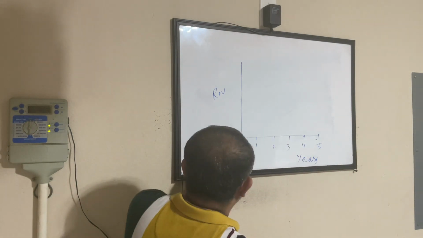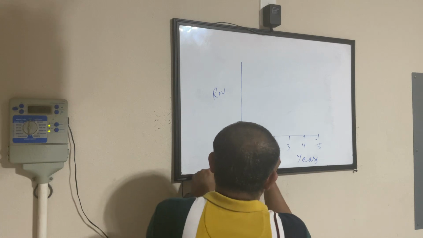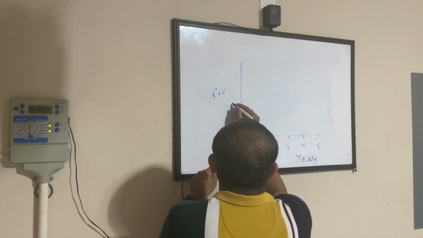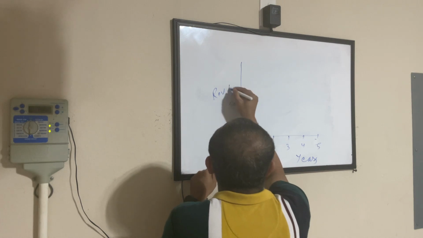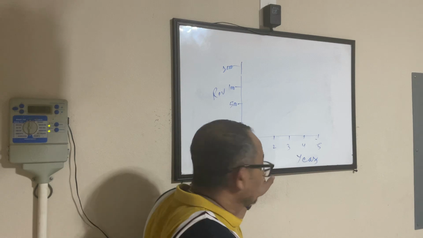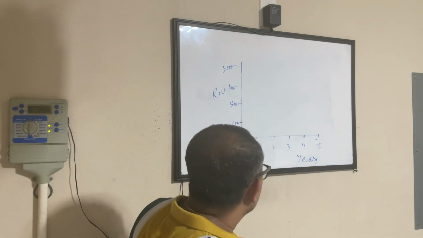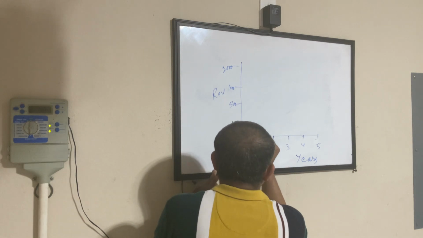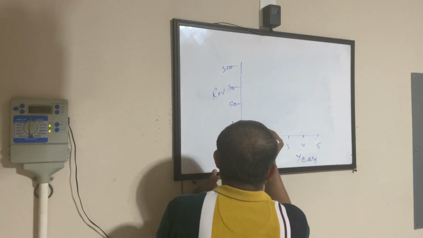Let's say somebody started a business, and in the first year this is $100 per month, this is $500 per month, this is 1,000, this is 2,000. When somebody started a new business, in the first year, he or she was making only $20 per month.